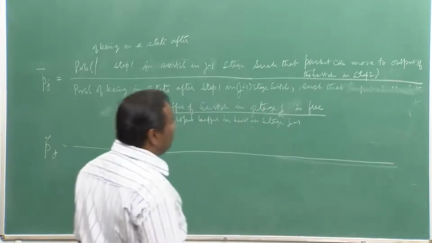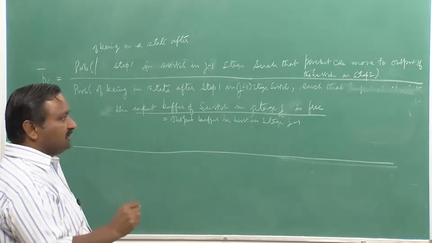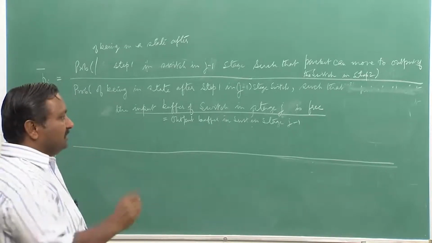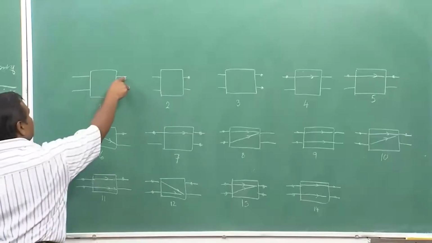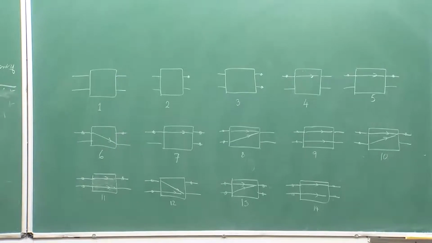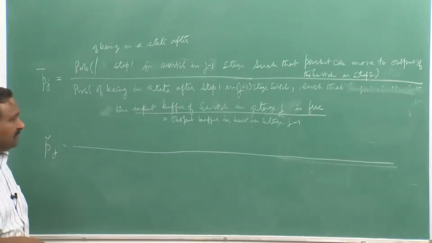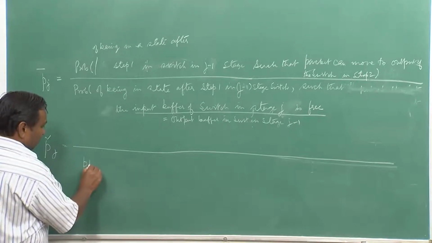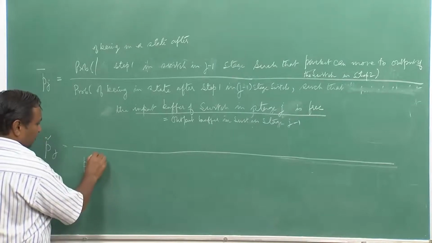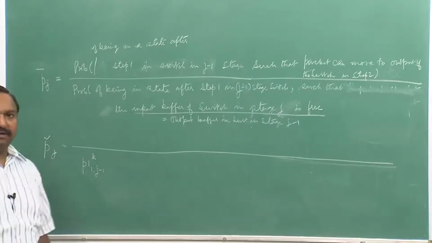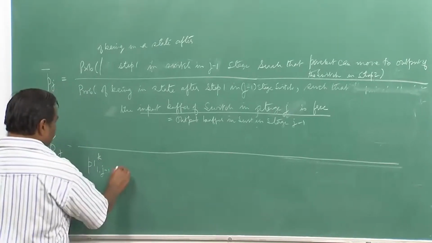So remember, I am looking at the j minus first stage switch, whose outputs have to be free. So when you look at state 1, both the outputs are free. So with equal probability both or any one of them can be connected to my switch in stage j. So I can write down here P1, you have to be in state 1 in stage j minus 1, okay, after time step k. So this will go in the denominator.